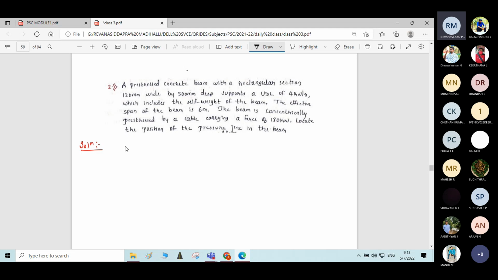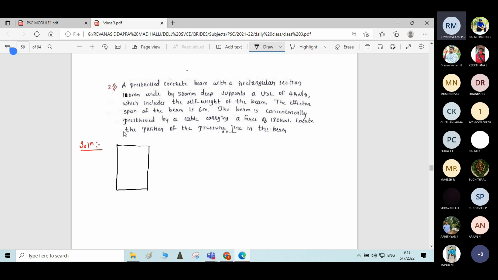The cross section of the beam is 120 by 300. Sorry, it is not 120, make it 100.